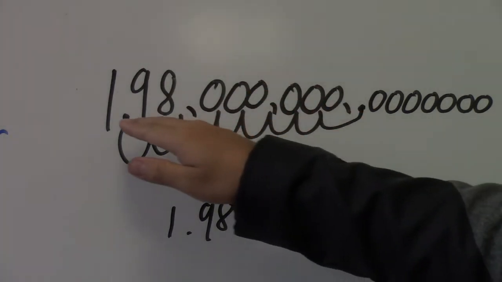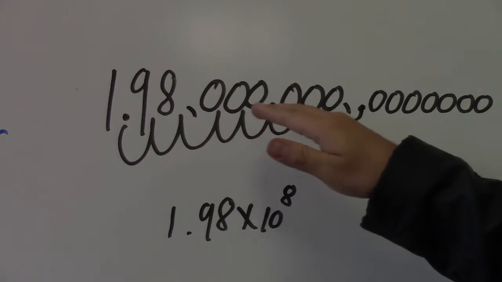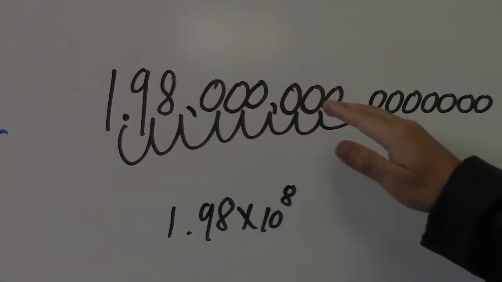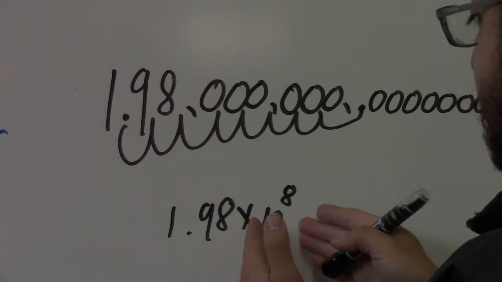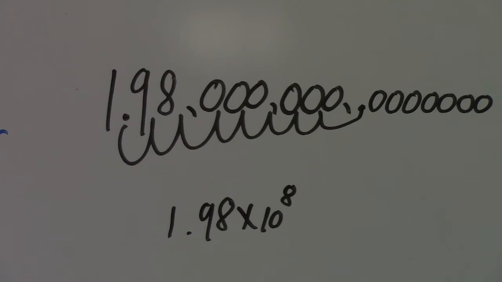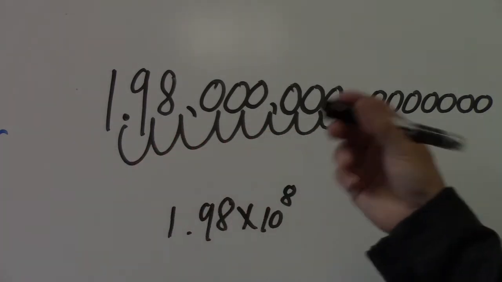So we went from 198 million to 1.98. And then we multiply that by 10 to the power of 8, which is 10 times 10, 8 times, which gives us 198 million.